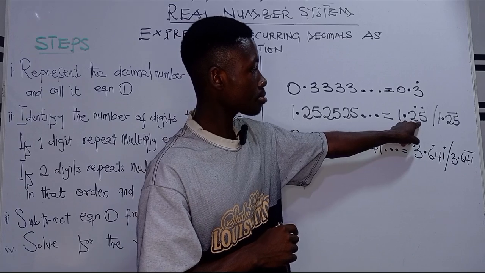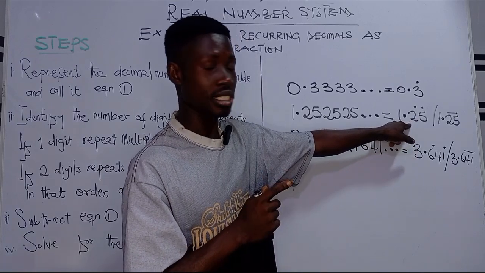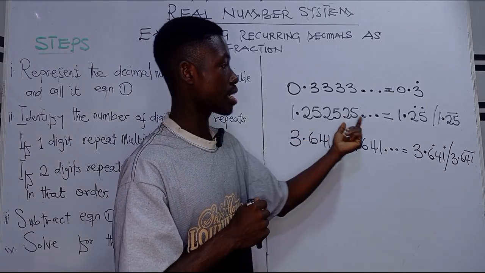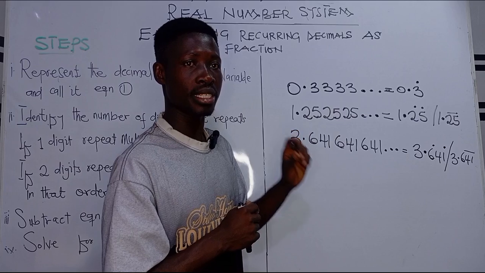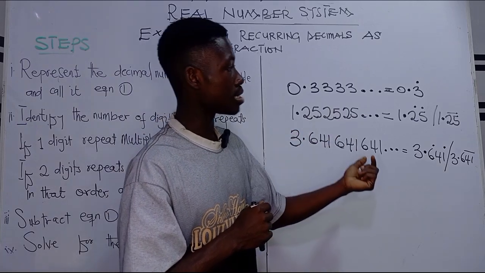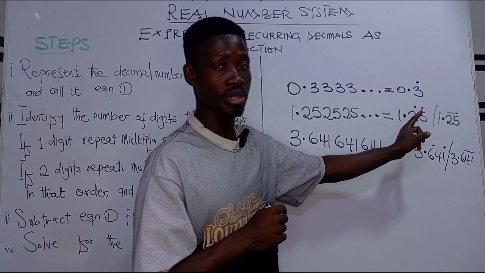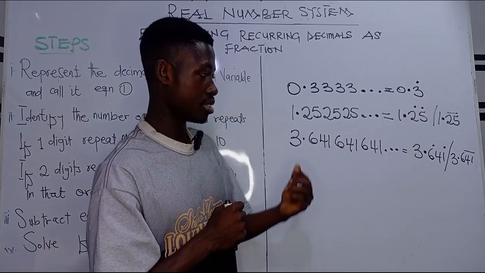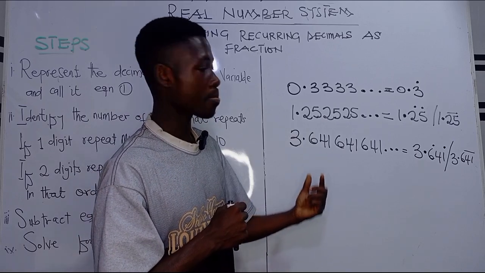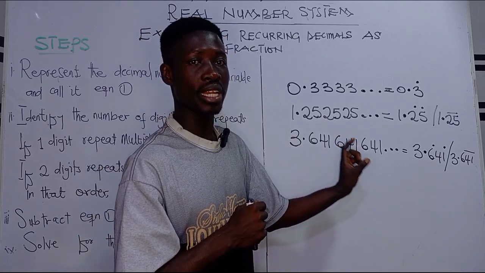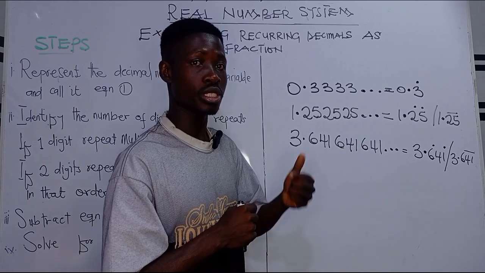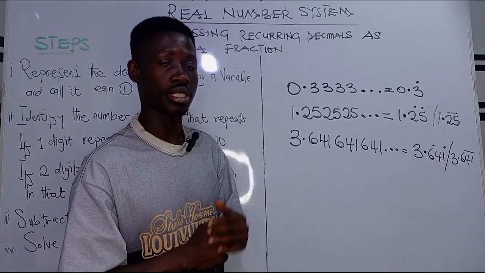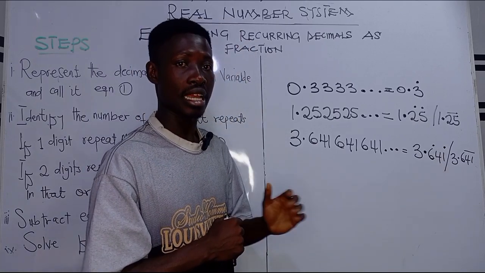Only one digit, and that digit is 3. With the second example, only 2 digits are repeating, and those digits are 2 and then 5. Similarly, with the last example, only 3 digits are repeating, and those digits are 6, 4, 1. I guess you are following and you understand it very clearly.